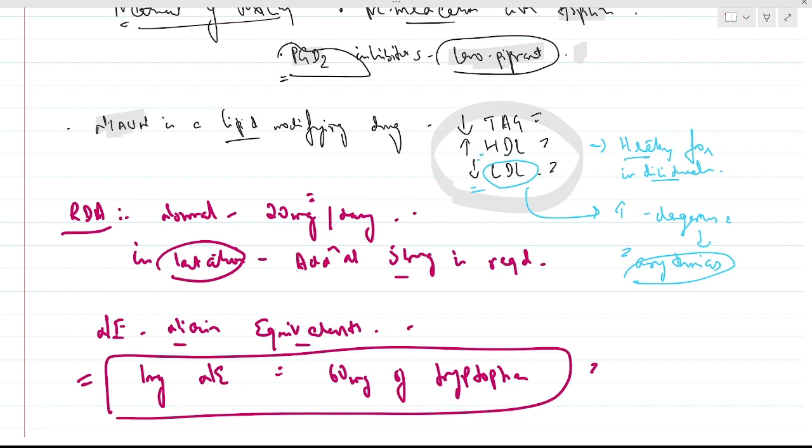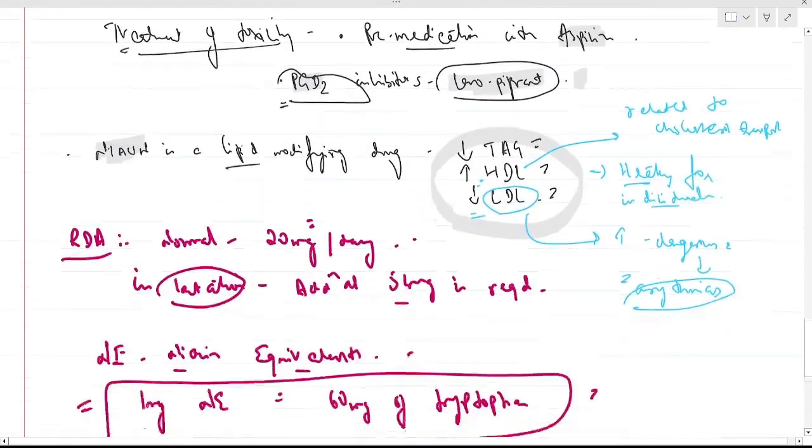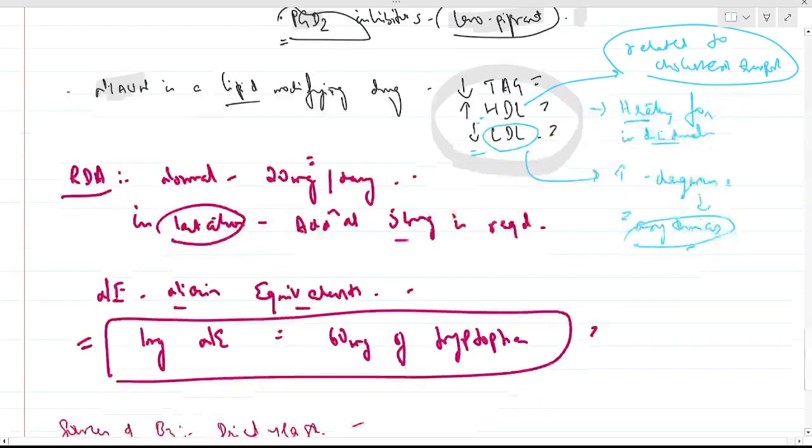And HDL is related to cholesterol transport. Don't worry, we are going to discuss everything in further lectures in the lipoprotein lectures. For now, remember, HDL is related to cholesterol transport, and LDL, when it increases, causes arrhythmias.